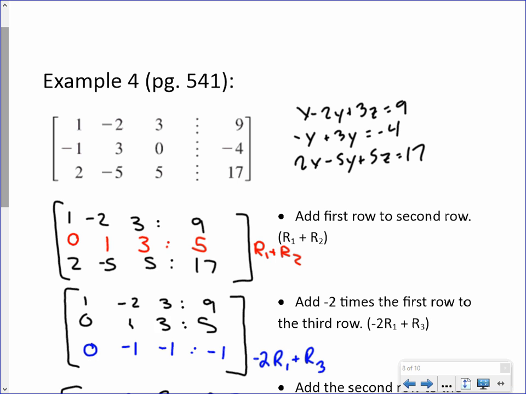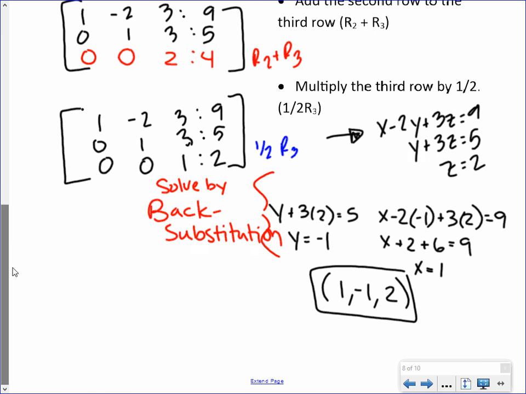Thinking about your chapter 7 test, you would do elimination twice to eliminate a variable, then solve a 2-variable system. You could solve it that way, but now you have an additional method. Get it in row echelon form, and as long as it's in row echelon form, you'll know z, and then you can back substitute. Pretty handy.